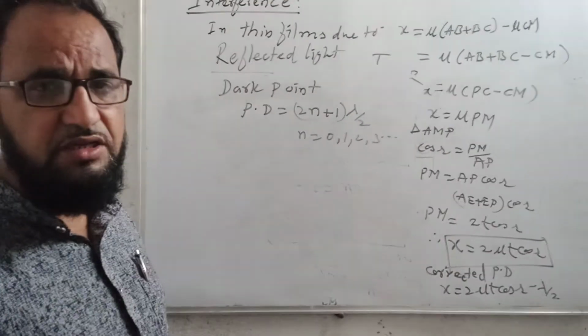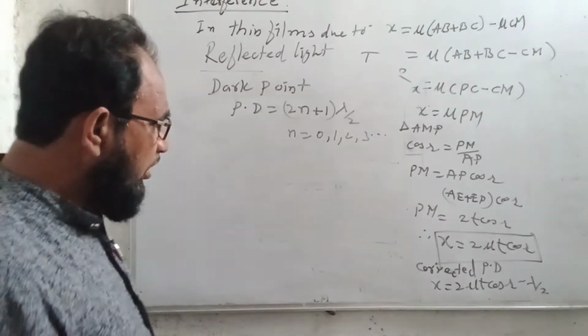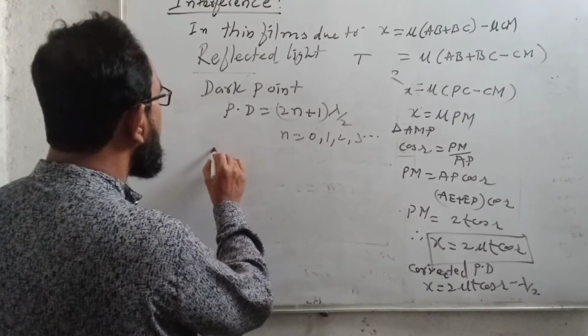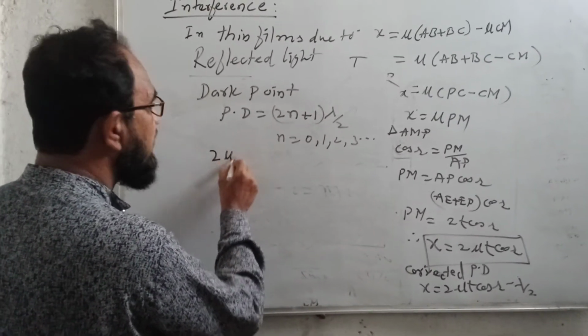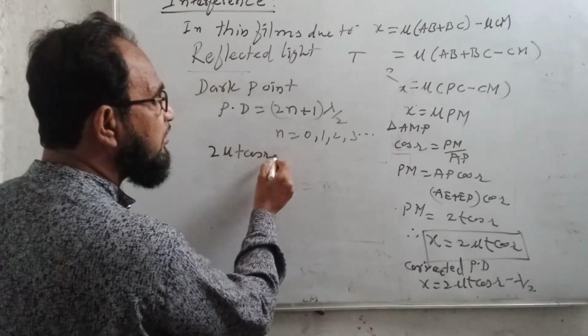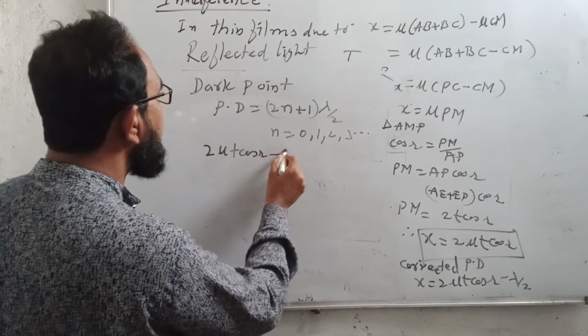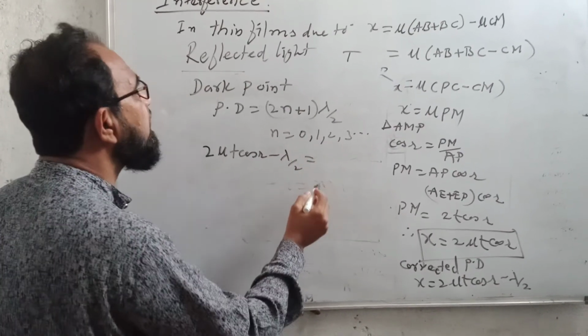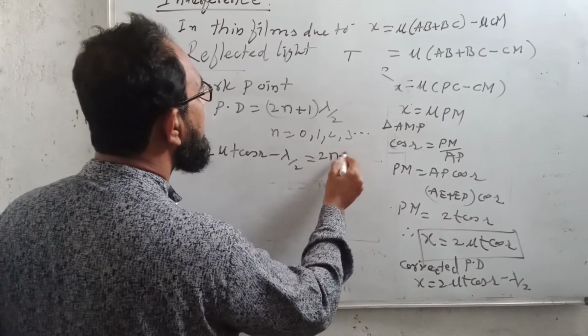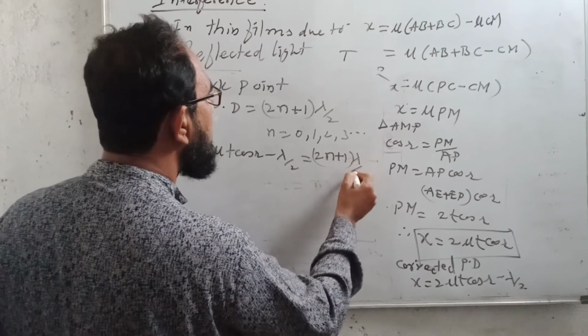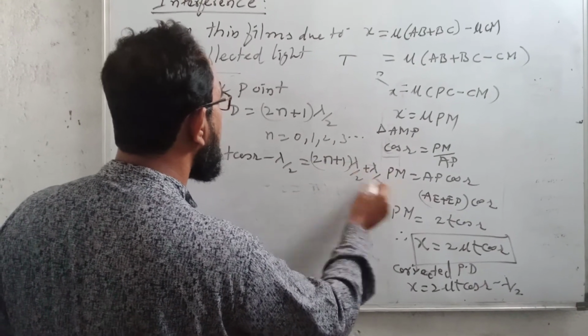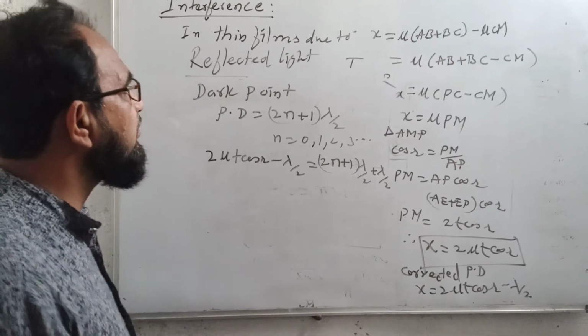This is the condition for the dark band. So I will write here 2 mu t cos r minus lambda by 2 should be equal to 2n plus 1 lambda by 2 plus lambda by 2. This lambda by 2 will go there.